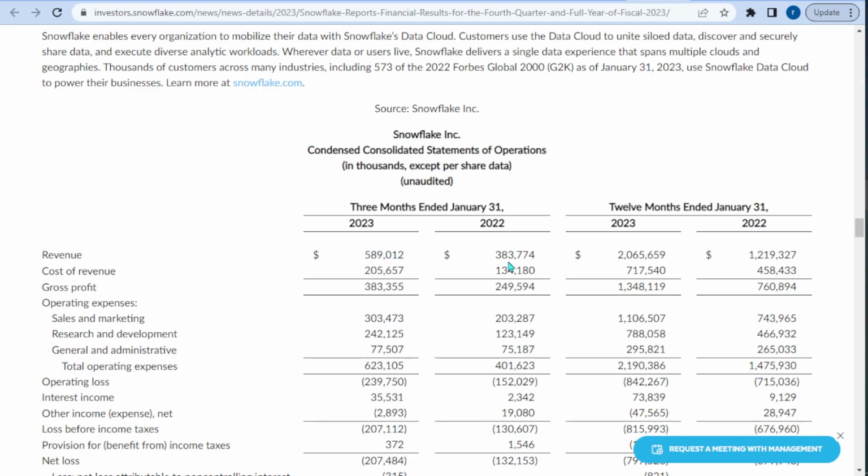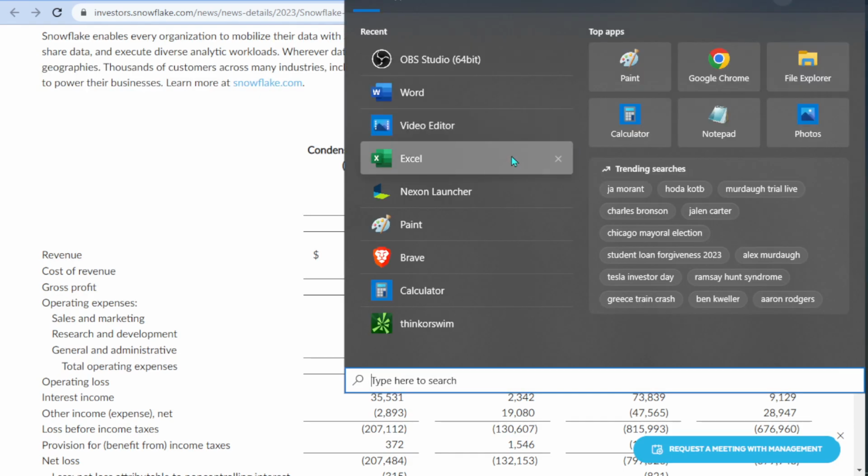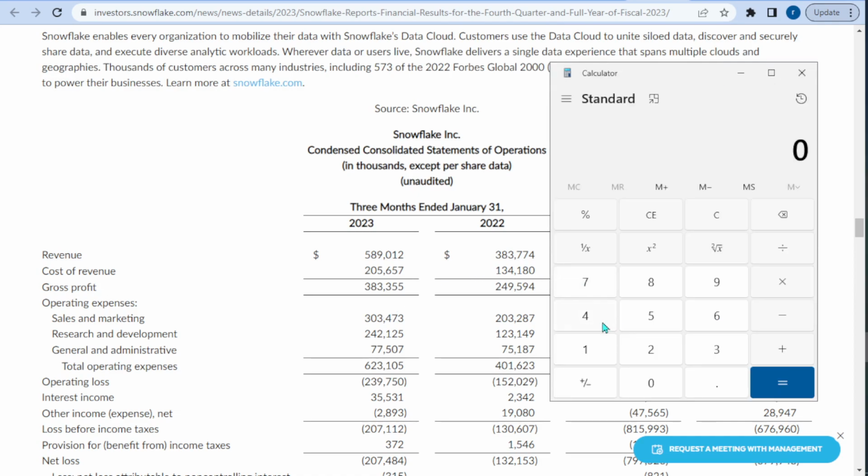So revenue clearly increased. Here in 2022, we have about $383.7 million. Here in 2023, we have $589 million. So we could run a calculation on that to figure out what the year over year increase is.